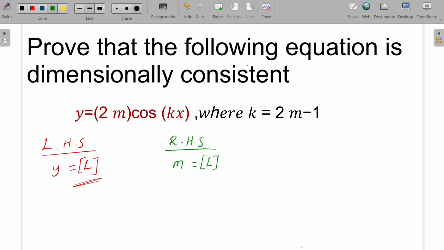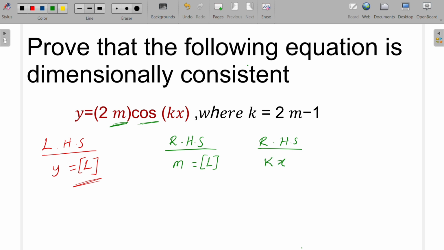So the first m, which is this one here, has got the dimensions of L. Then we have kx. Remember again, cos is basically a constant as well. We don't consider it here. So our main consideration is still on the right hand side, our second part here, which is kx.